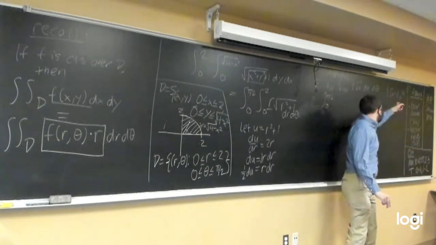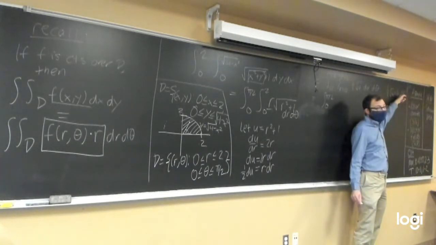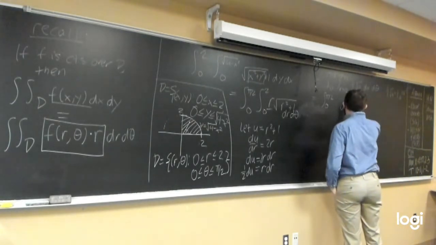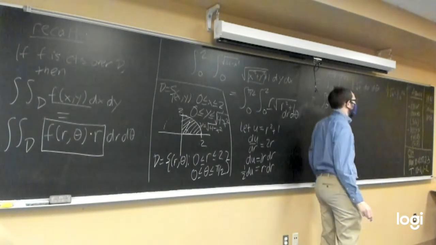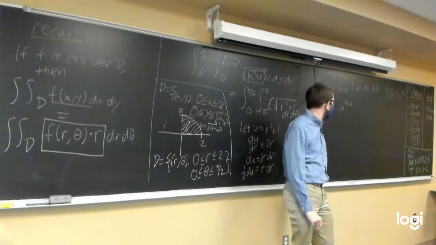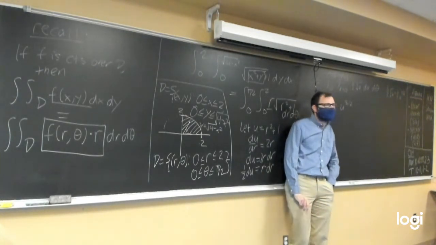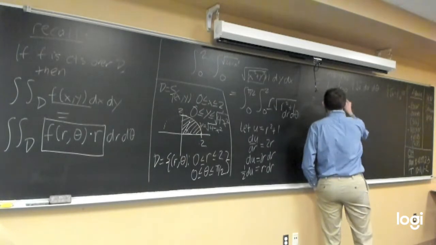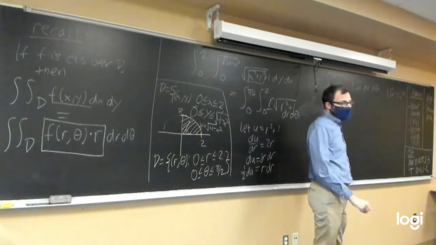If we add 1 to the exponent, what would we get? 3/2. Yeah, so we're going to have u to the 3/2 times what? Yeah, we'll leave the 1/2 out in front for now.